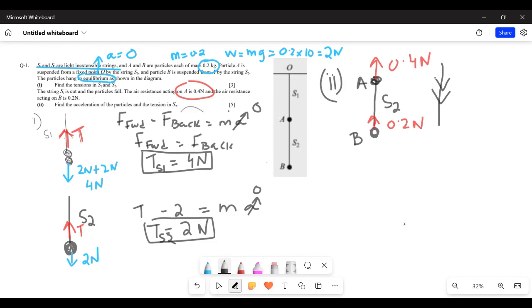Okay. Now, what is the force acting here at B? What force is acting downwards at B?